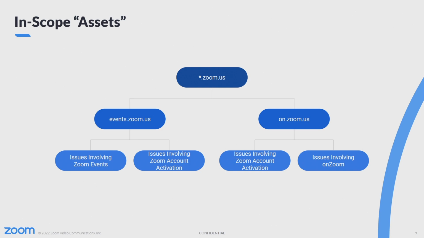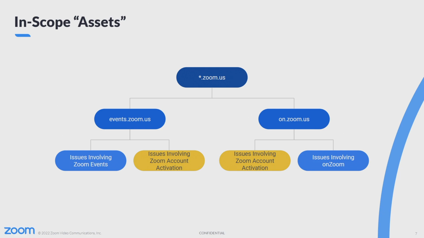So you'll notice in a couple of slides the differentiation between events.zoom.us and issues involving Zoom events. Now you might notice a collision here in the middle, and this is part of the problem with this approach that we're working on with HackerOne using another feature called tags, which I'll talk about here in a sec as well.